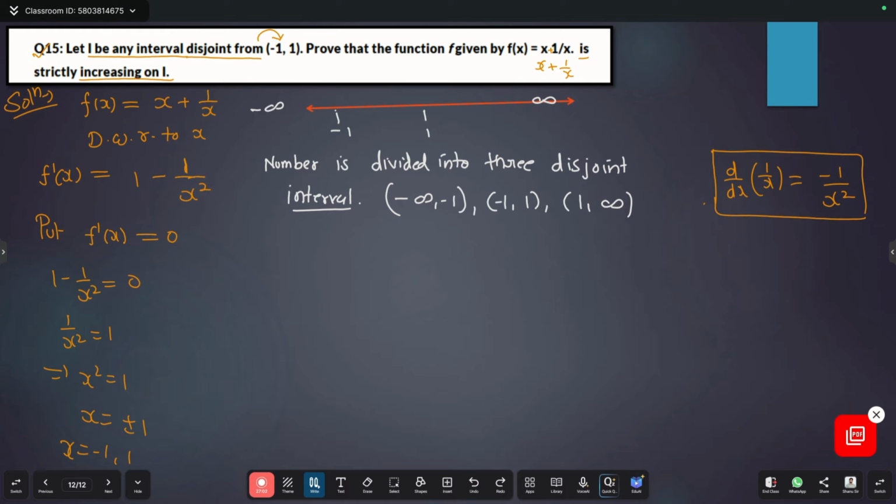It means we have to prove this function is strictly increasing only in this interval and in this interval. Strictly increasing means f dash should be greater than 0.